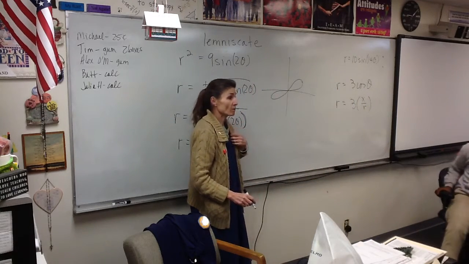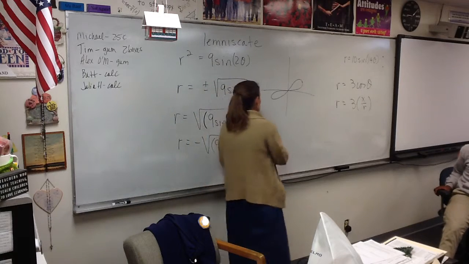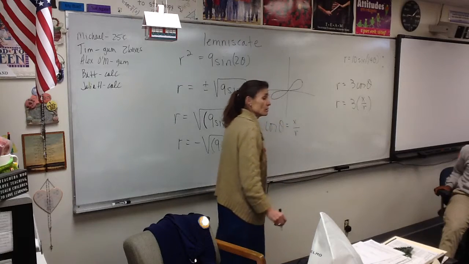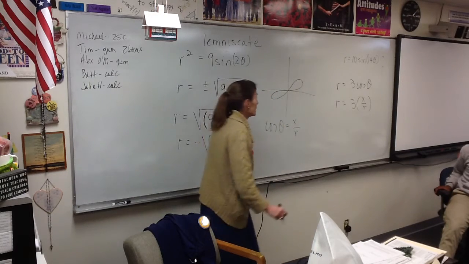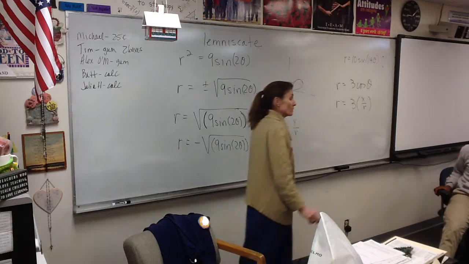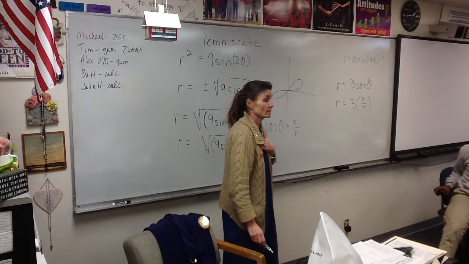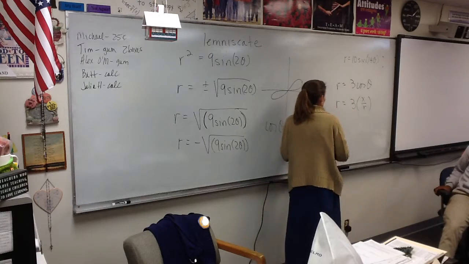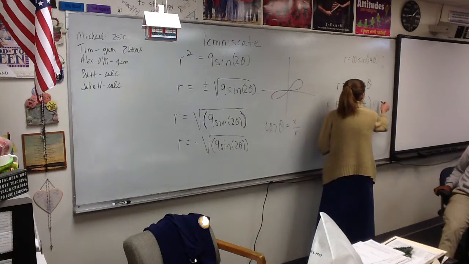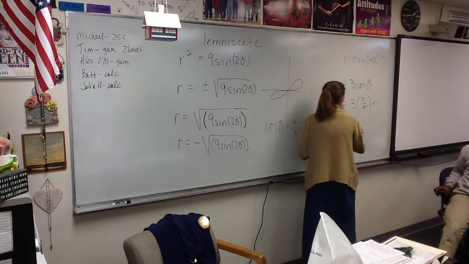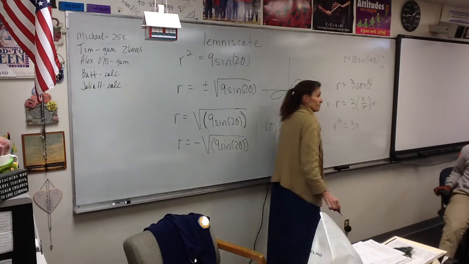If you have forgotten that definition, then please write it down over to the side so that you can remember it again. I'm simply taking out the cosine and replacing it with X over R. Now I have a fraction, so I'm going to multiply both sides by R. So I'll have R squared equals 3x.